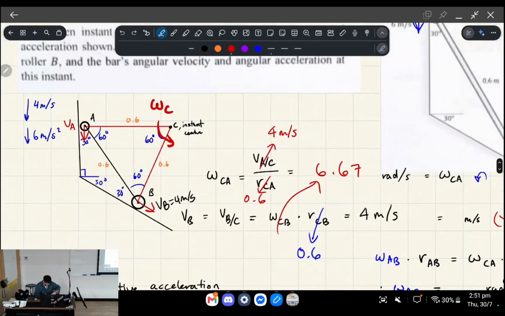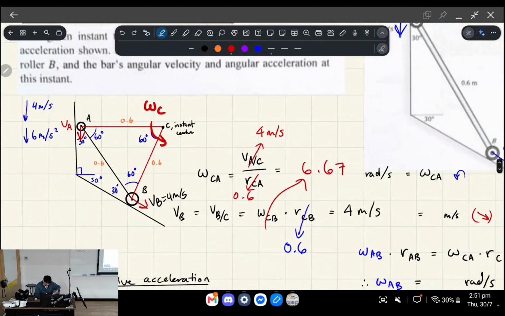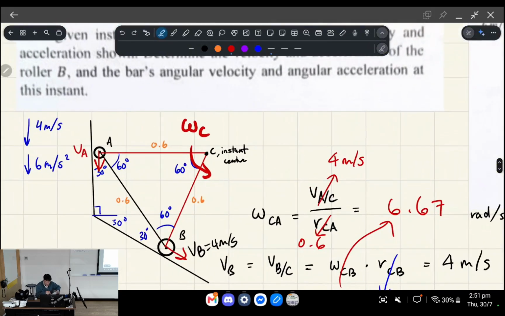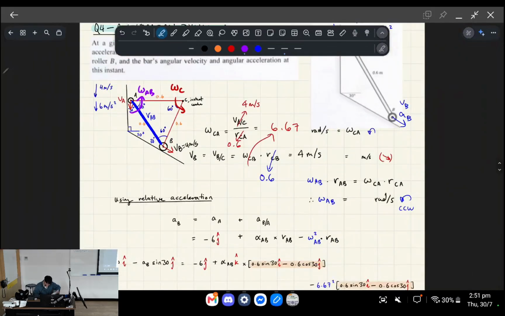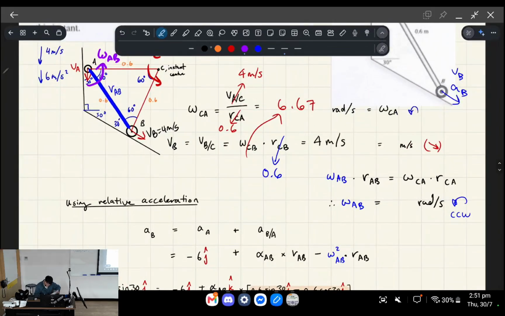Now we want to solve for the angular velocity of AB. This is R AB, and the angular velocity is omega AB. So we want to find omega AB. Again, we can plug this in, 0.6.